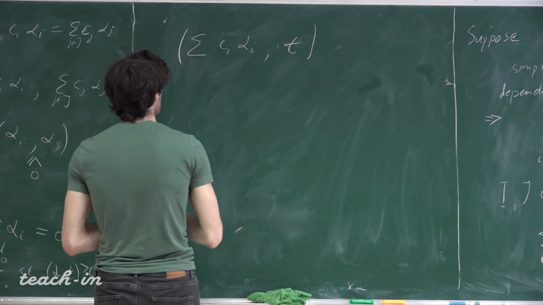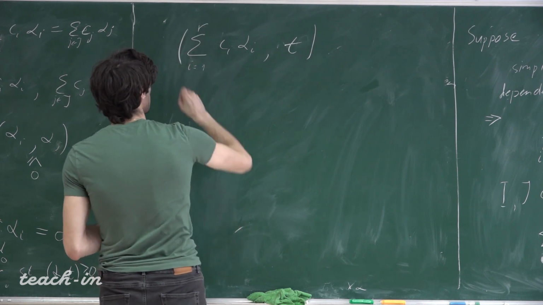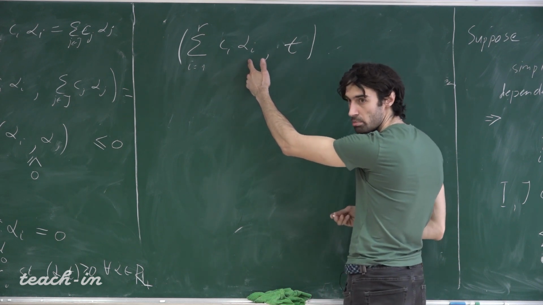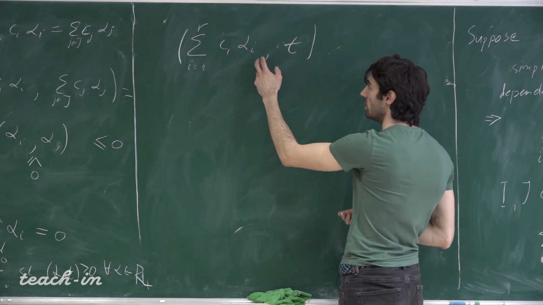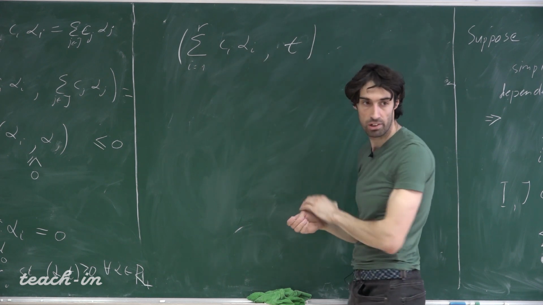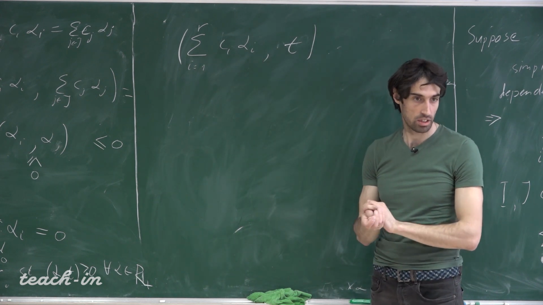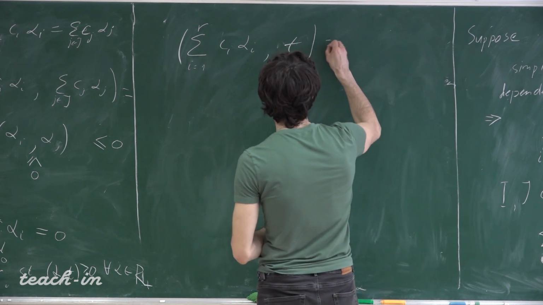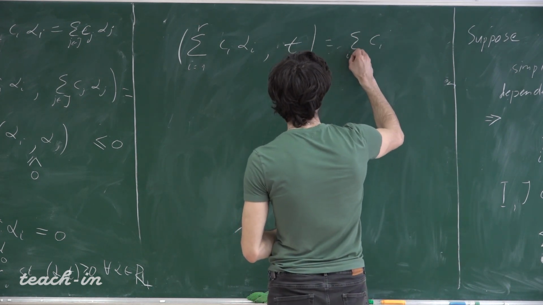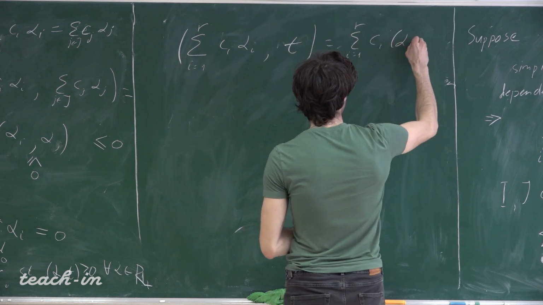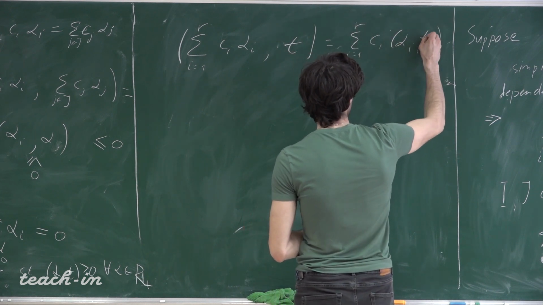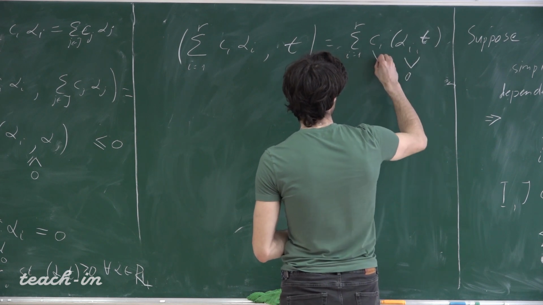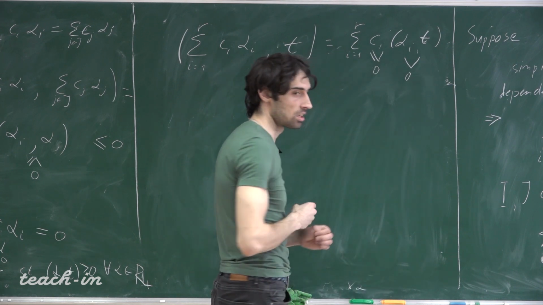The αi are simple, therefore they are positive. Therefore, the inner product of αi and t is greater than 0. So this is the sum over ci, i from 1 to r, of (αi, t), which is greater than or equal to 0.